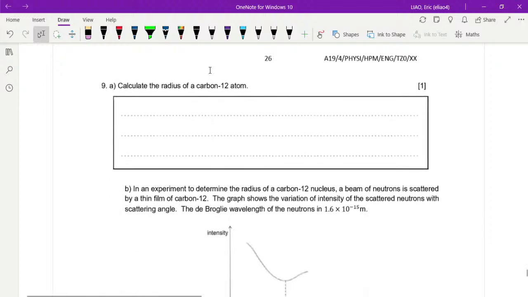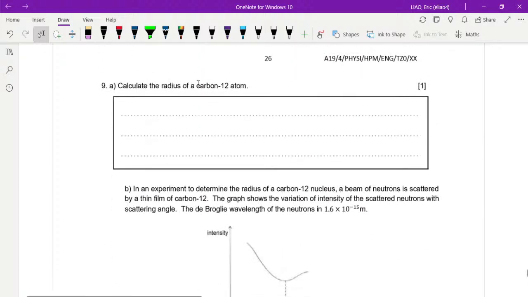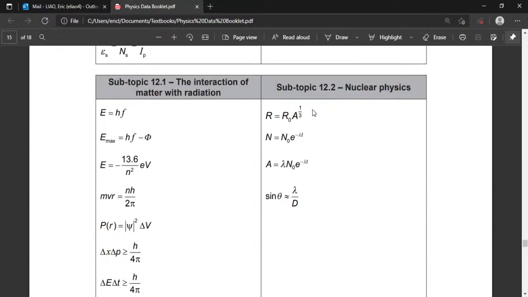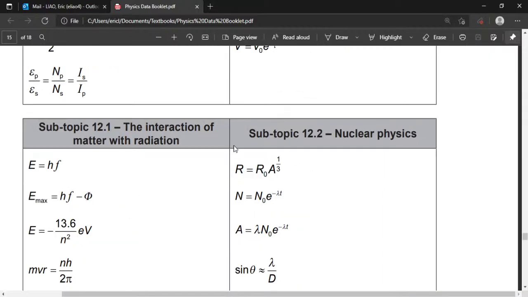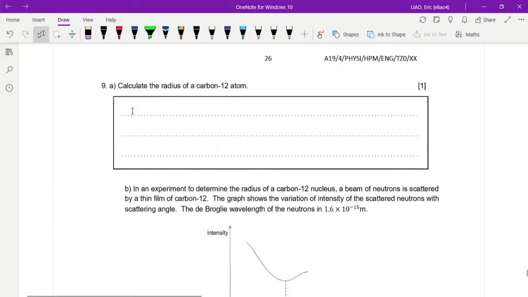Calculate the radius of a carbon 12 atom. Okay, well, we shall go to the Fermi radius. This is given by this, and A is, I'm guessing, the number of nucleons in the nucleus. So R will equal R0 times A to the one third.